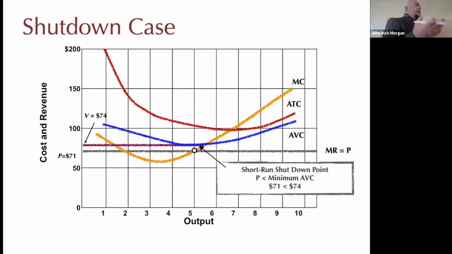If I want to preserve my employees' jobs, then I'll continue to operate. But that's the same output that I have from my bank account as if I shut down. If it drops below that average variable cost, then it is shut down. So what I'm showing you here is the shutdown case.